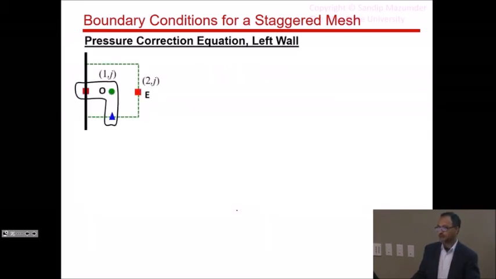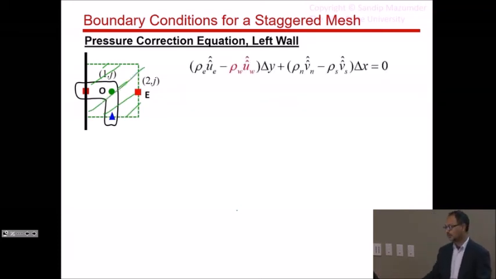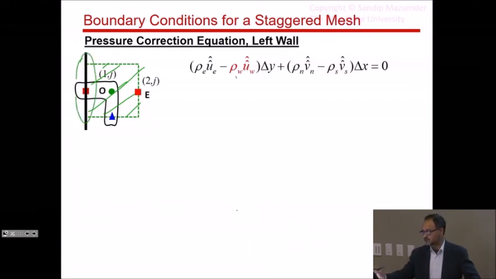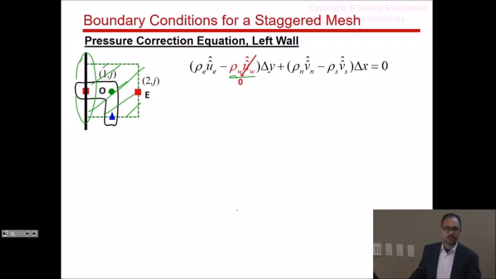So let's talk about left wall. So now we have a control volume, which is our green control volume, right next to the wall. Okay, so here is our continuity equation. Again, I've highlighted the western term because that's a boundary face. Okay, so right here is your western face, which is your boundary face. Okay, so what do I do? Well, set it equal to 0 directly, because we know that the velocity at the western face is equal to 0. Set it equal to 0, that term completely drops out.